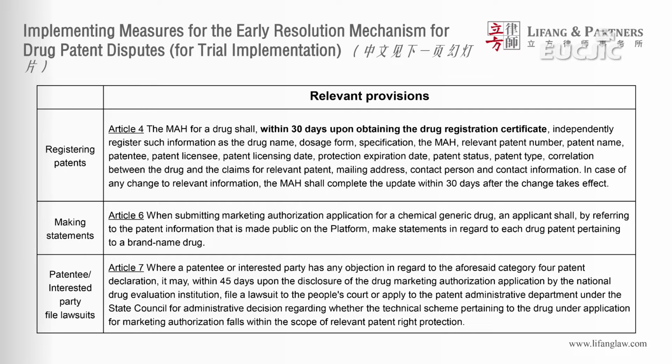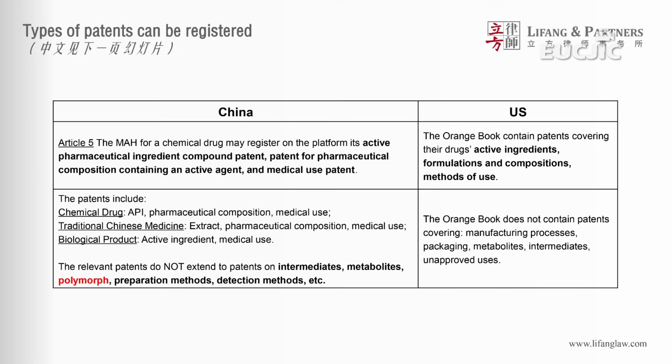And that action is only to confirm whether the drug falls within the protection scope of the patent. So in fact, this is not an infringement action. This is kind of like a declaratory judgment action.